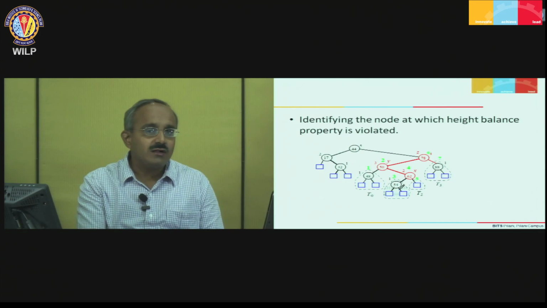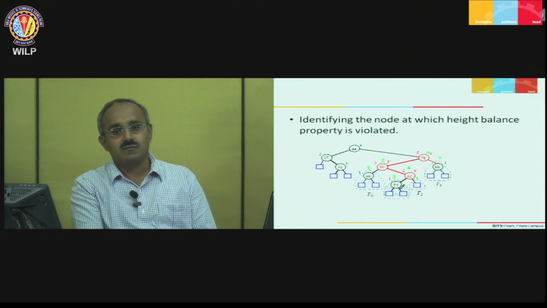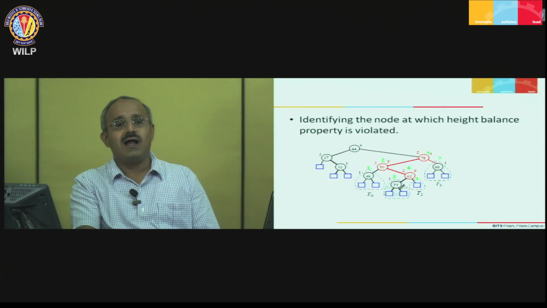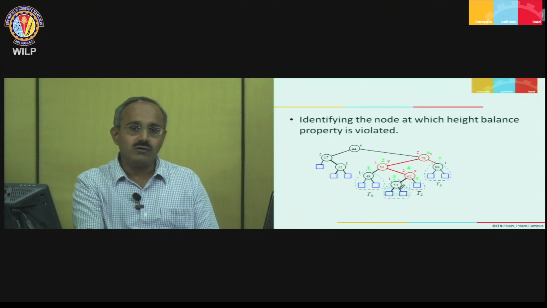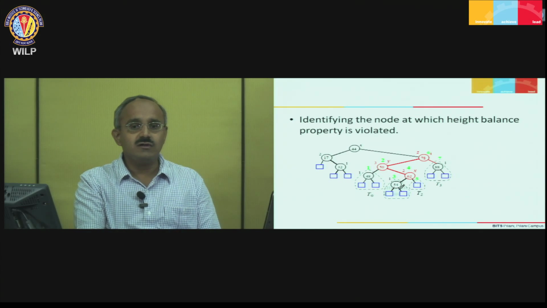If at all the height property is going to be violated, it is going to be at one of the nodes on this path. So, we will look at the node which is inserted and the path from that node up to the root and check height properties at each of the nodes on this path.